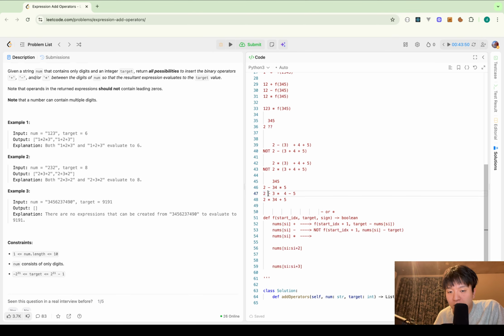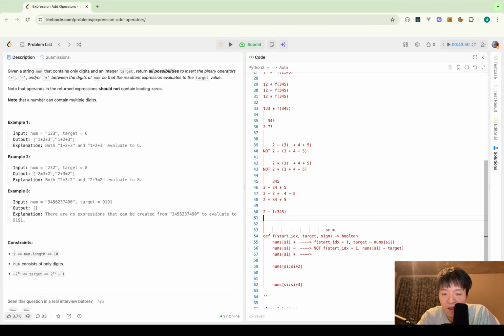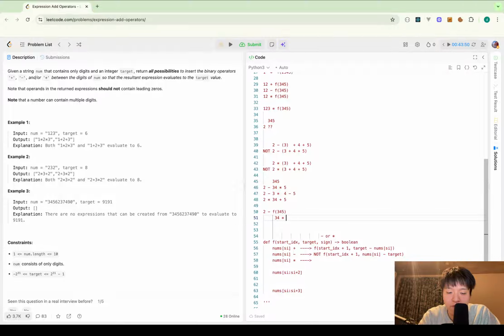Sorry, what I'm thinking about. So let's say I have something like this. In this case, the first something is used as a negative. So this can be 3, 4 times 5.